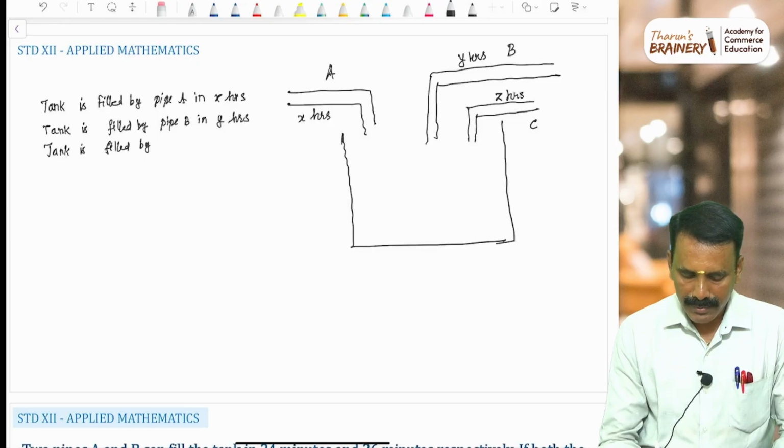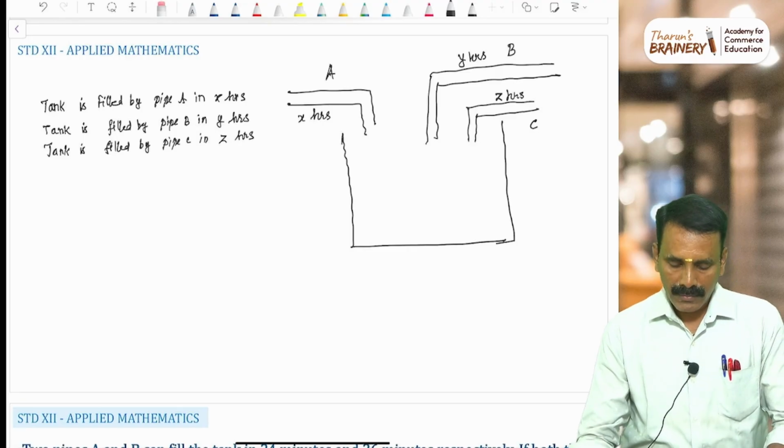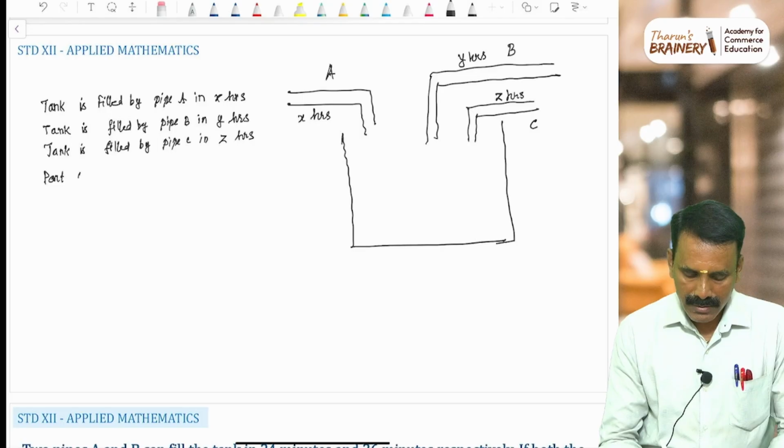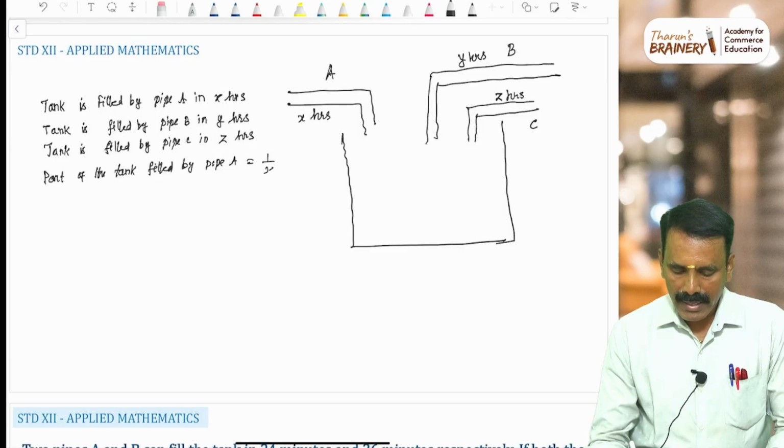It is filled by the third pipe, pipe C, in z hours. So the part of the tank filled by pipe A in 1 hour is equal to 1 by x.